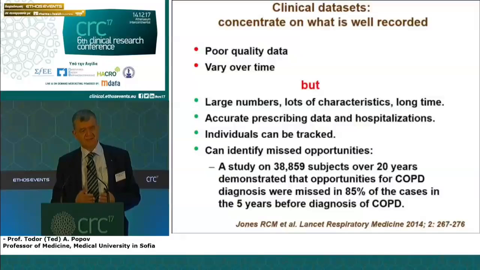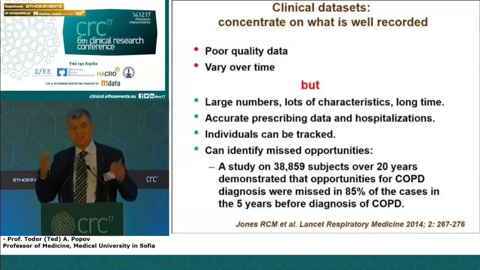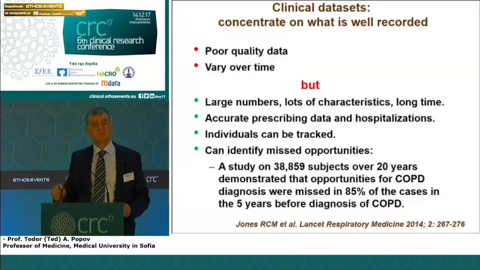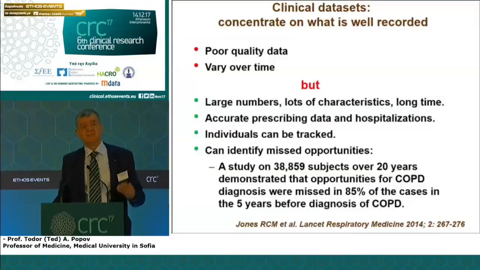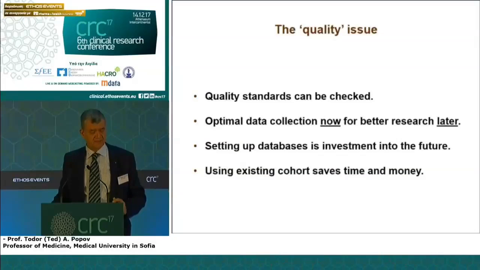And it turned out that there had been missed opportunities 5 years before the actual disease was diagnosed. So on the basis of the analysis, the researchers could actually pinpoint those patients who were wrongly misdiagnosed and dismissed as COPD patients at risk. So quality of standards can be checked.